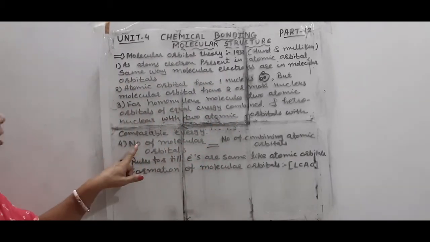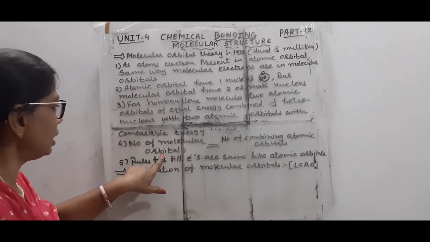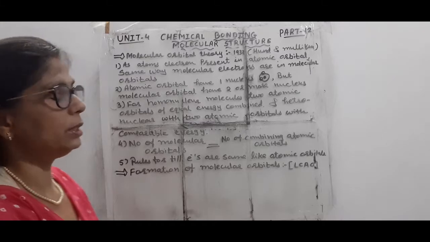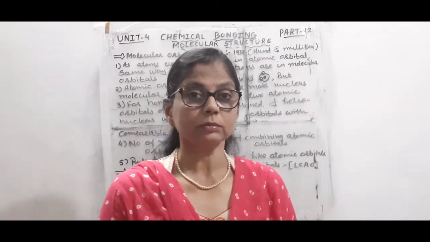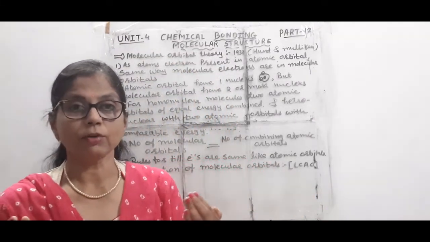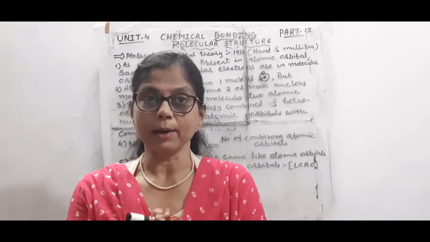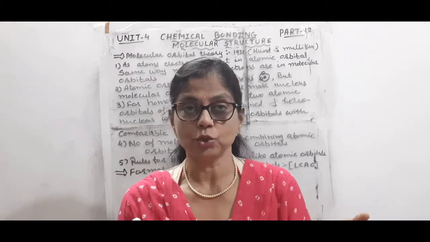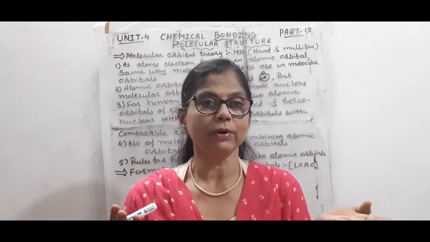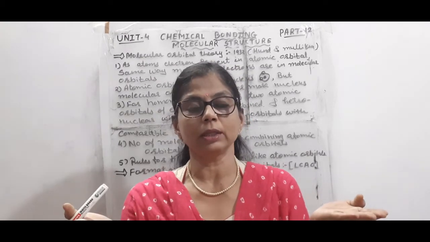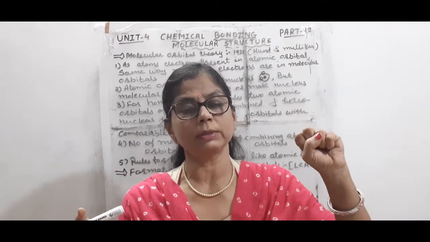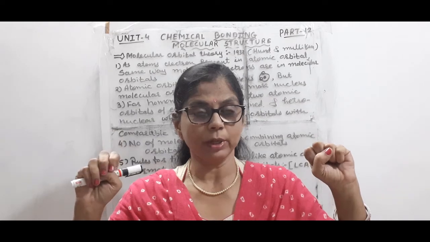And the fourth one is very important, students. The number of molecular orbitals is equal to the number of combining atomic orbitals. What does that mean? How many atomic orbitals are combined? Suppose we are talking about H2. Here one hydrogen's atomic orbital and the other hydrogen's atomic orbital.